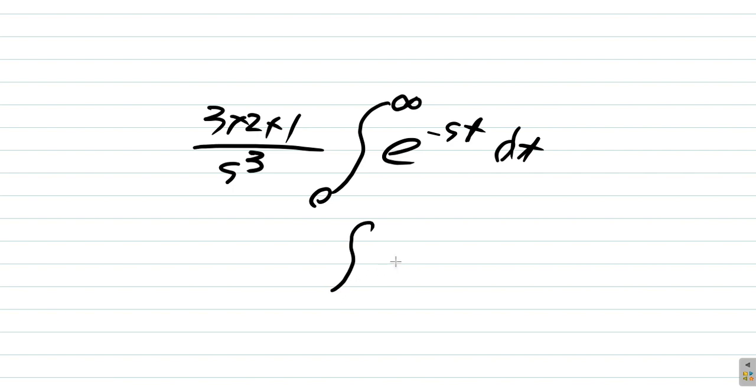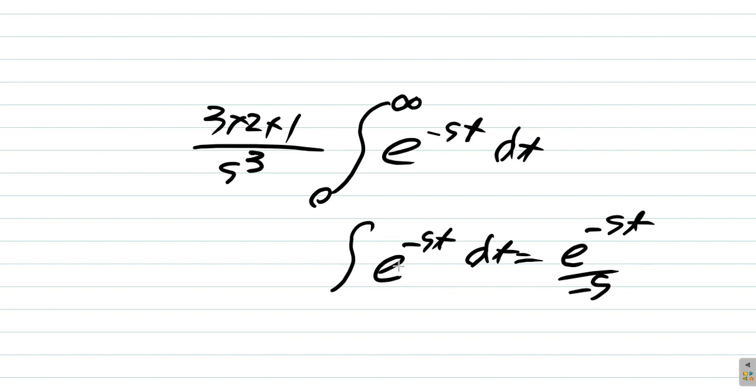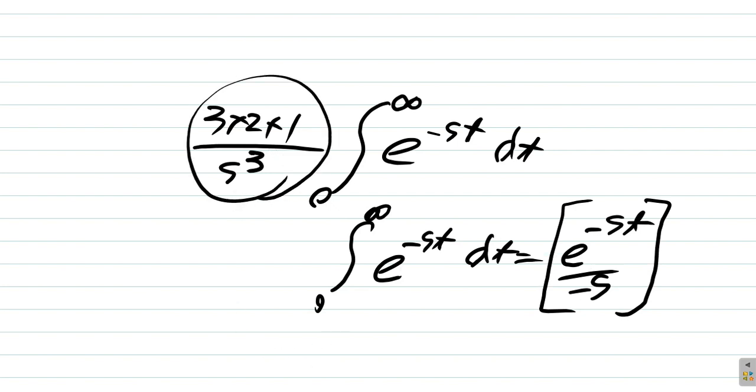The integral of e to the negative st dt is going to be e to the negative st over negative s, going from 0 to infinity. We're going to multiply it by this later. We don't want to keep writing this thing over and over again, but let's remember that this is there.